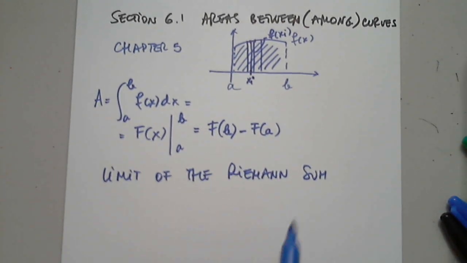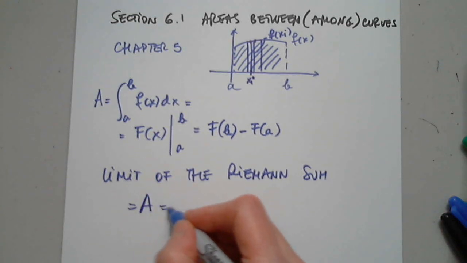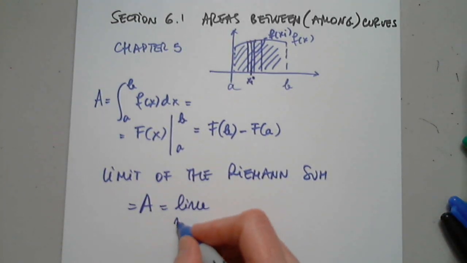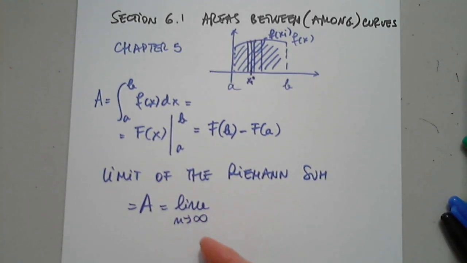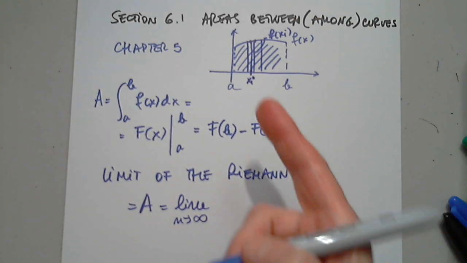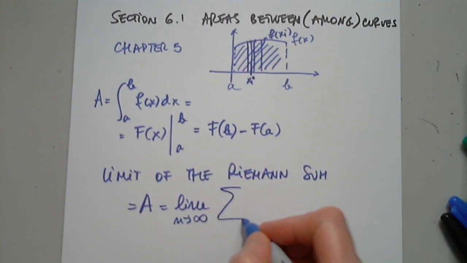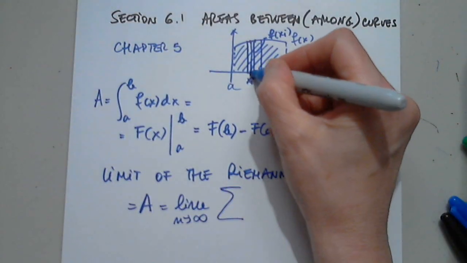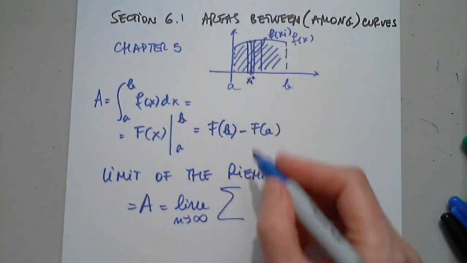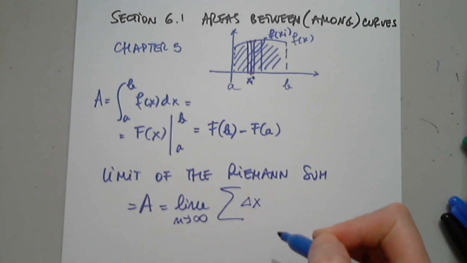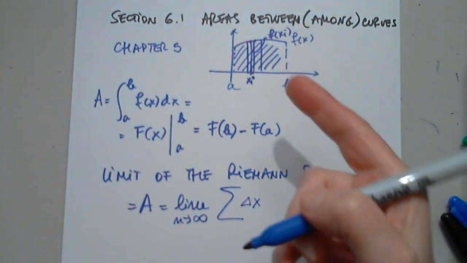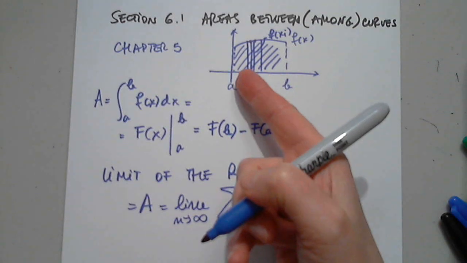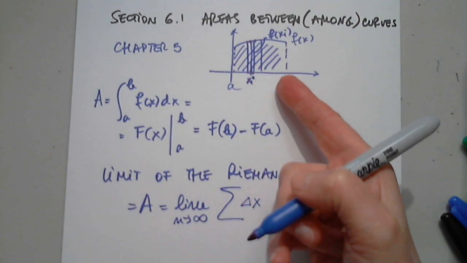So we determine the limit of the Riemann sum as the area, the limit as the number of rectangles goes to infinity of the sum of all these areas of rectangles, base times height. Well, the base is always the same, delta x, and the height differs depending on which xi we are at.